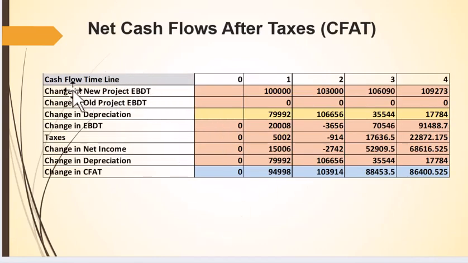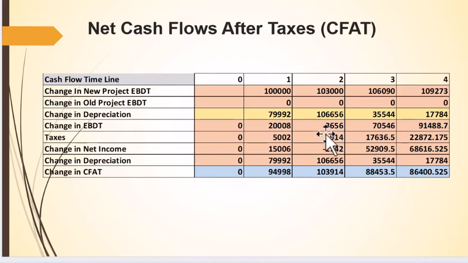Now that we have our changes in revenues, here are our changes in EBDT. The next thing we need to do is subtract out any change in depreciation. This is the depreciation from our calculation in that previous slide. Now our change in earnings before depreciation and taxes gives us the change in taxes. Subtract those out. So 100,000 minus 79 is 20. 100,000, 103 minus the 106.